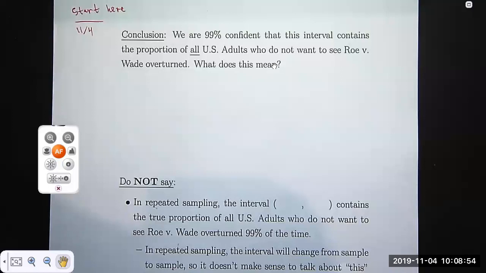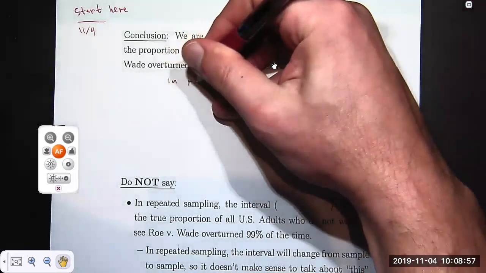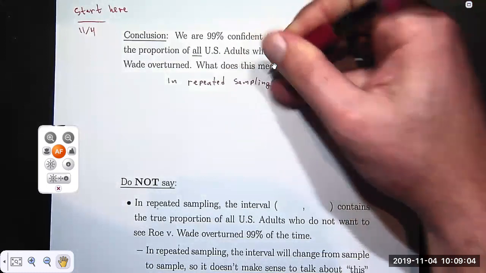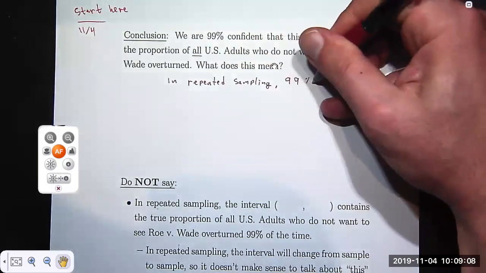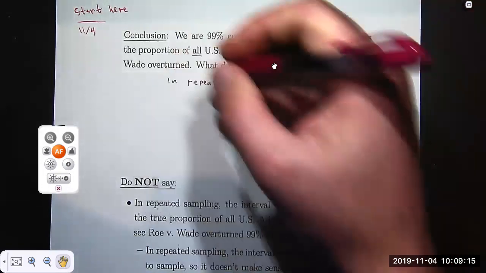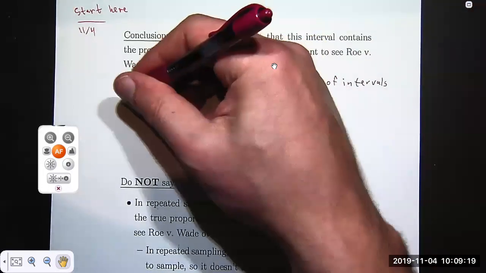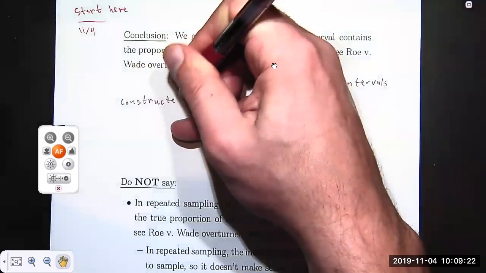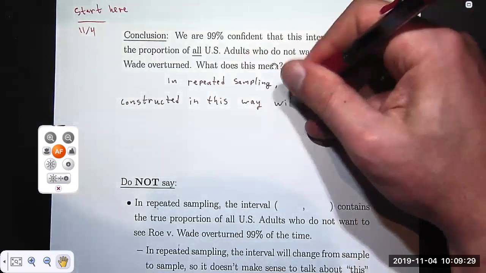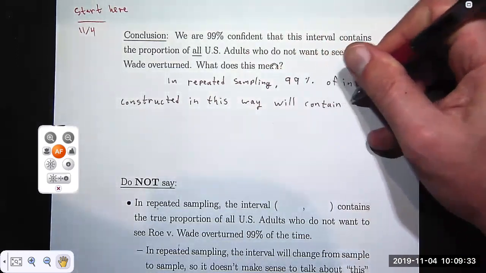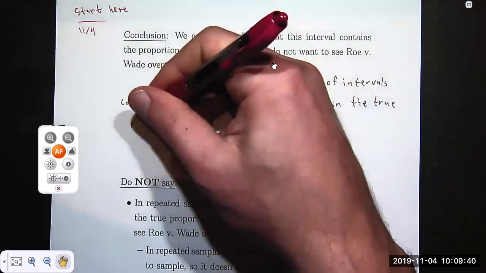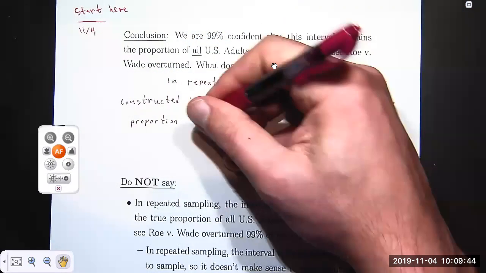Another way of saying this is that in repeated sampling, 99% of intervals constructed in this way will contain the true proportion of all US adults.